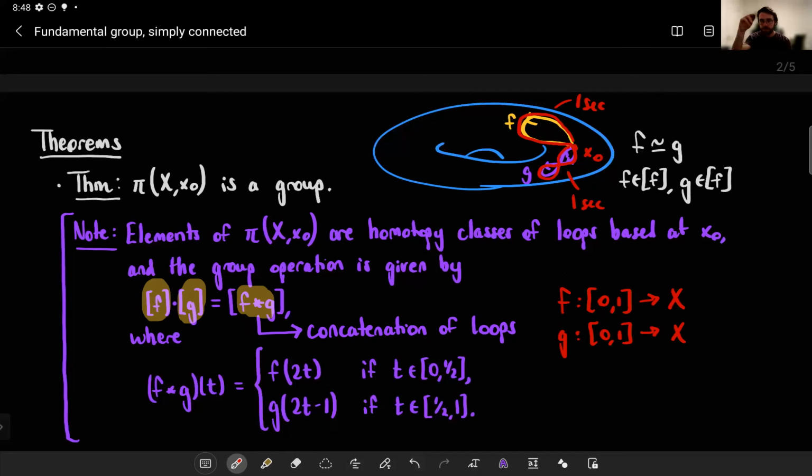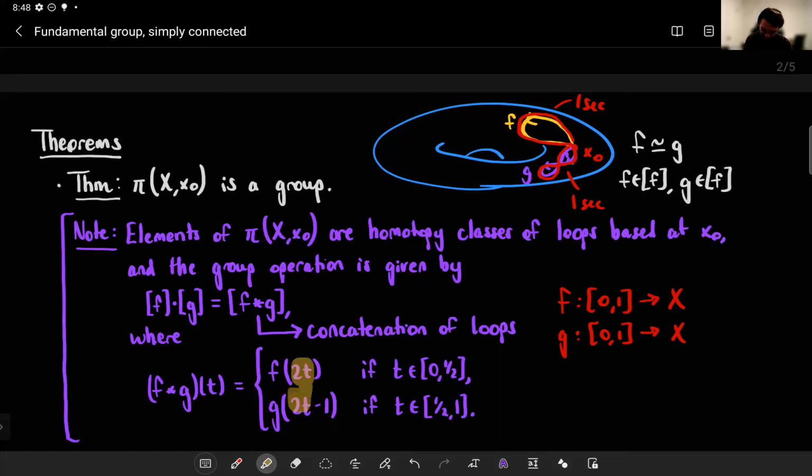So if I walked around them at the same speed, it would take me 2 seconds. And that would be like saying, okay, f concatenate g is now a map from 0 to 2, and that's not appropriate, right? This would no longer be a path. Paths are defined on the unit interval for whatever reason. We just like to keep it consistent. So the way we get around this is as follows. Maybe you've seen it already. Maybe you've looked ahead. What we do is we walk twice as fast.